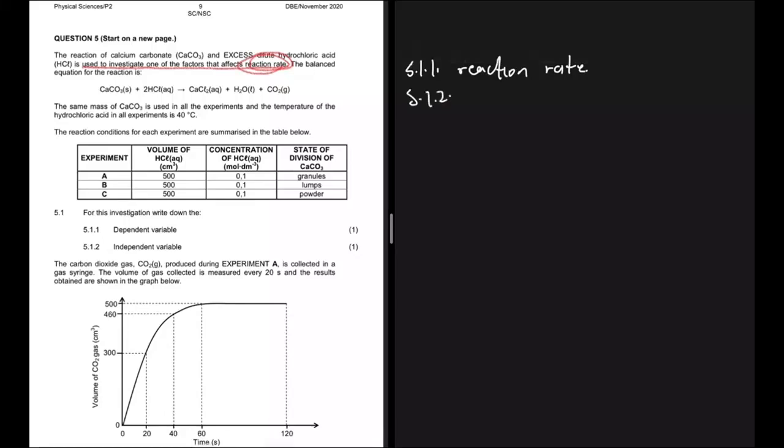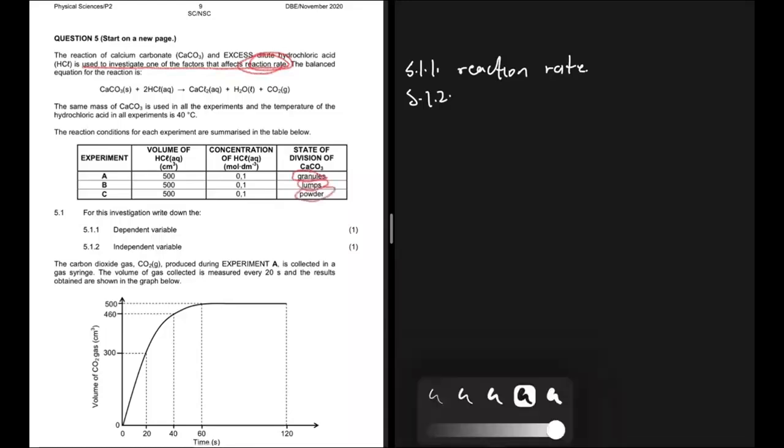5.1.2 says what is the independent variable. So the independent variable is more like, what are we changing to investigate that which we're investigating? If you look at our table, in experiment A we used granules of calcium carbonate, for experiment B we used lumps, and for experiment C we used a powder.